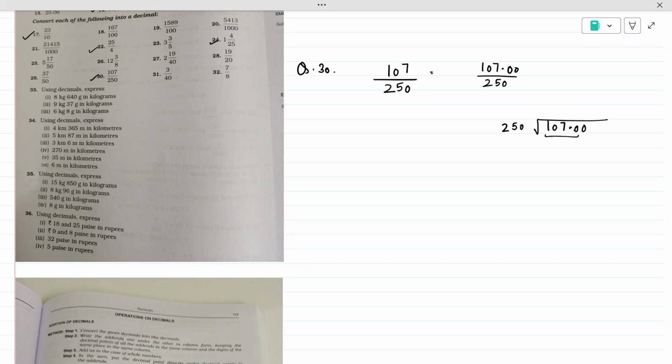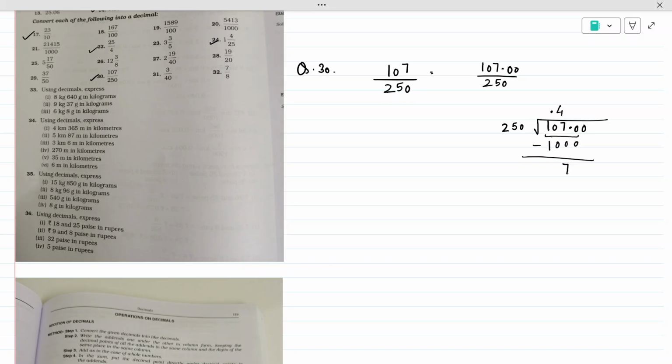So if we are taking the 0 also for the very first time, that means we have to put the decimal first. Okay, so we have this decimal first, and now we have the number 1070 which we have to divide. We know that 250 into 4 will give us 1000. So we are writing 1000 here and doing the subtraction now.